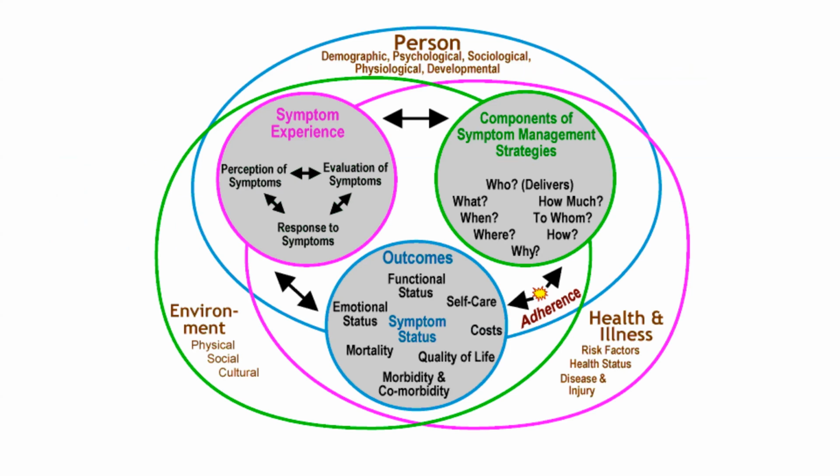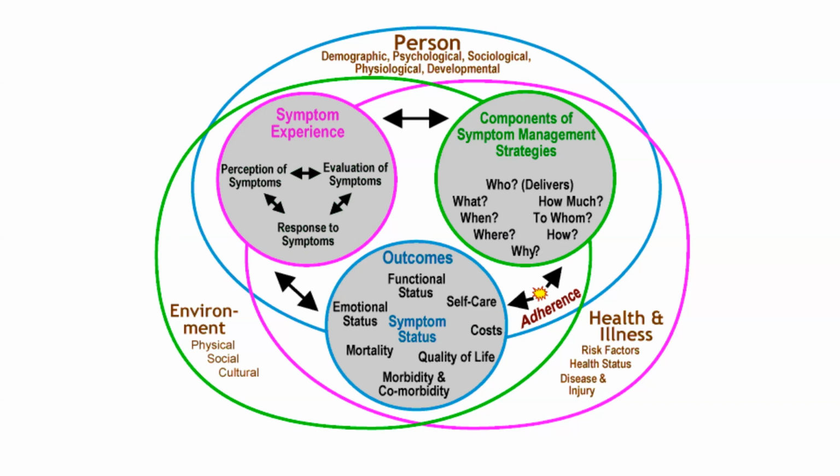Person is the variable intrinsic to the way that individuals view and respond to the symptom experience. Health and illness variables are unique to the health or illness state of the individual. And the environment includes the physical, cultural, and social variables that represent the aggregate of conditions in which symptoms are occurring.